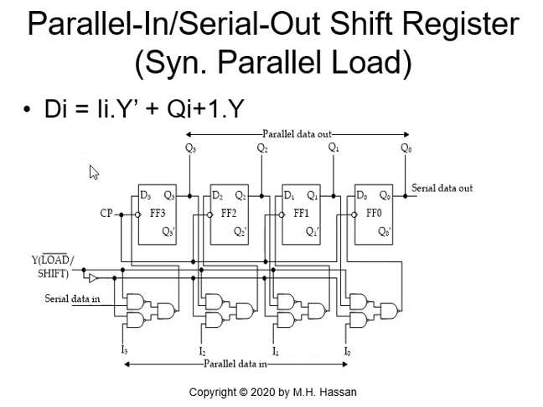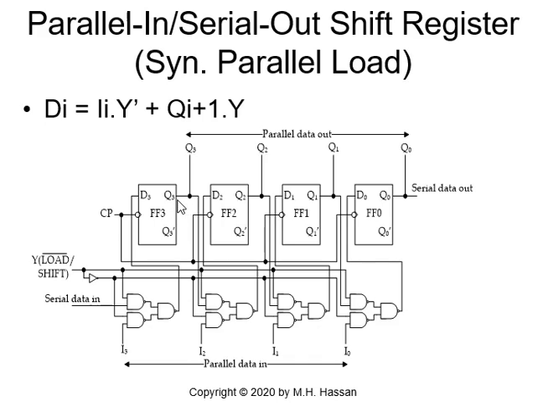So every Di will be Y prime Ii plus Qi+1 Y. If I need a shift register to work, I need the previous Qi+1.